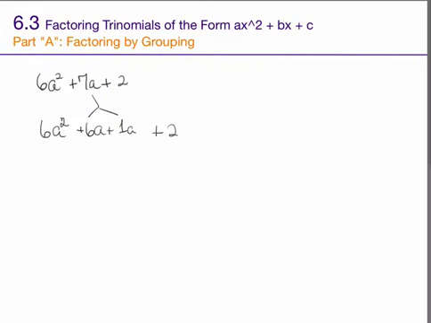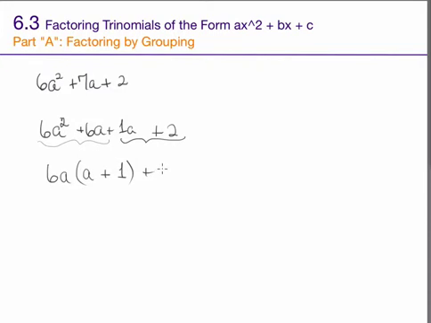But what happens when I try to do my factoring by grouping? Looking at the first two terms, what's common to both of them is a 6 and one copy of a. What's left over is this other copy of a, because 6a times a is 6a squared, and 1, because 6a times 1 is 6a. So far it looks okay. What's common to 1a and 2?